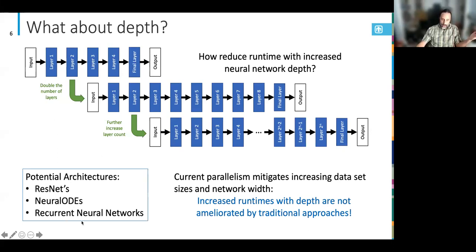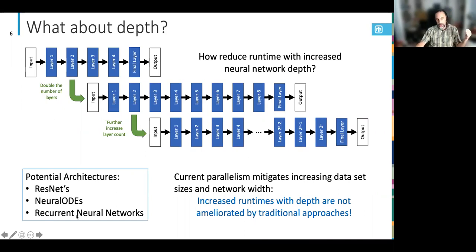The last one, and the one I'll spend the most detail on today, is recurrent neural networks. Here, the depth of the evaluation that I'm thinking about is actually defined by the data itself. And so if you have, say, a very long movie, a spatial parallelism or a model parallelism might not be as effective for accelerating training as you might need.